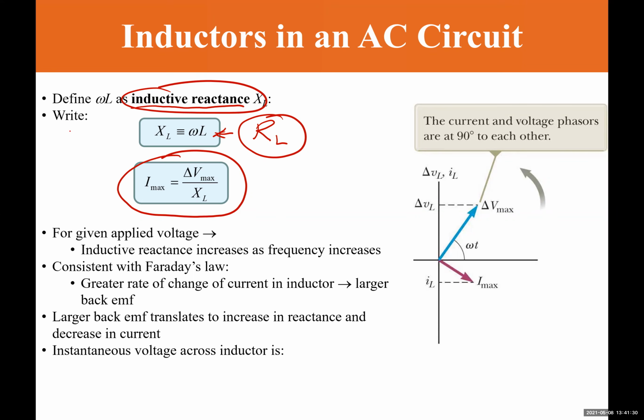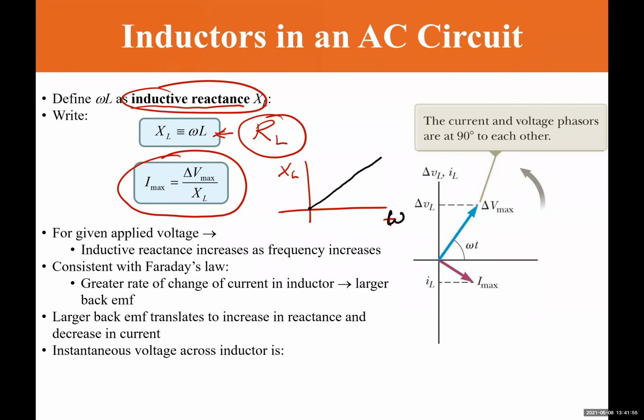You can see, in a way, what I have here is, let's say, X sub L as a function of frequency. Well, when frequency is 0, X sub L is 0. And when frequency increases, X sub L increases. That means how much it resists the current, right?